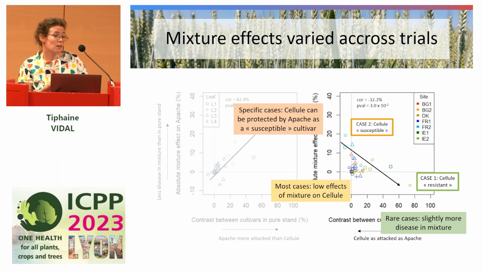When it's resistant, we don't have significant effects, also because the level of disease is quite low already. To have an effect, you must have some disease. People sometimes are afraid that you might have more disease on the resistant cultivar in mixtures. Up to now, we have no significant increase in disease on resistant cultivars. But of course, if it has a low disease level, we don't have a mixture effect.